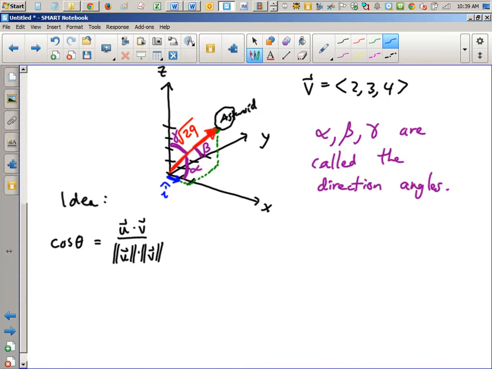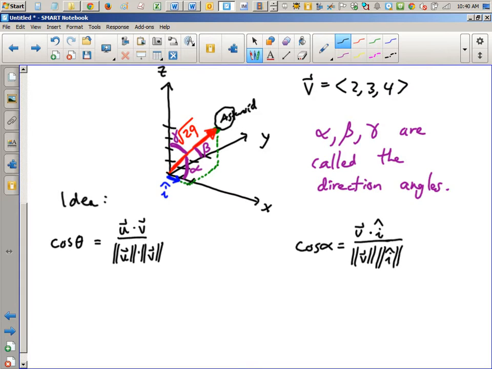The angle between the red vector v and i hat can also be found using this formula that I just wrote. But the formula would look like this. Cosine of alpha equals v dot i hat over magnitude of v times magnitude of i hat.